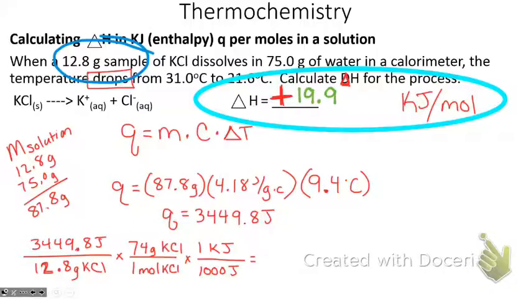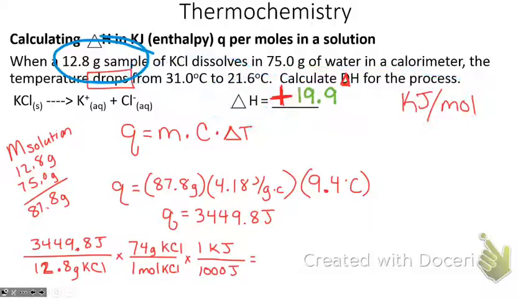So this is the final answer here. If you got tangled up with the temperature and you might have accidentally put a minus sign there, that's fine. That's the reason why before I even did anything, I went to my delta H line and made sure, okay, since the temperature is dropping, I need a positive sign there.